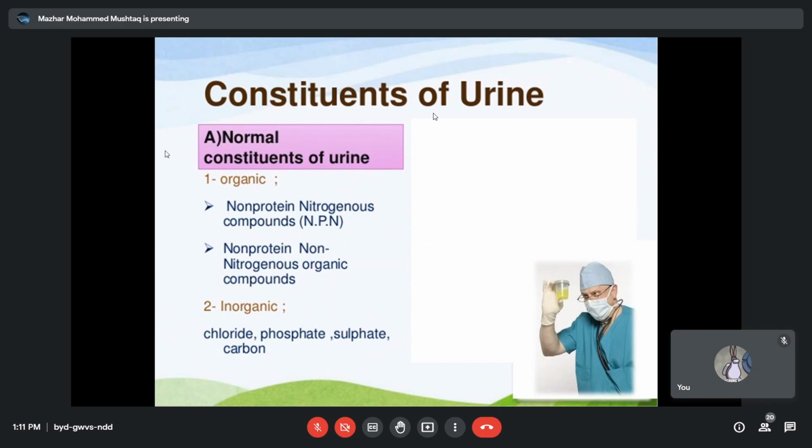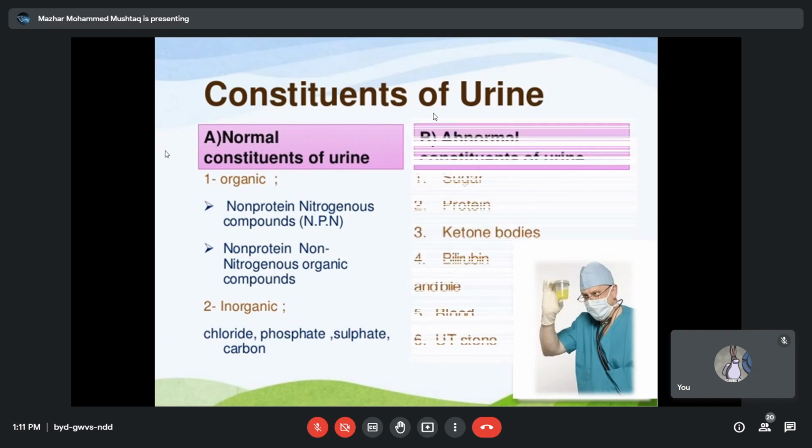There are some proteins that can be present, but if their quantity increases, that is very dangerous. We shall see that. The inorganic ones are the chloride, phosphate, sulfate, and carbon. Usually, not all of them are measured. Only the phosphate and the chloride are the parameters that are measured regularly.